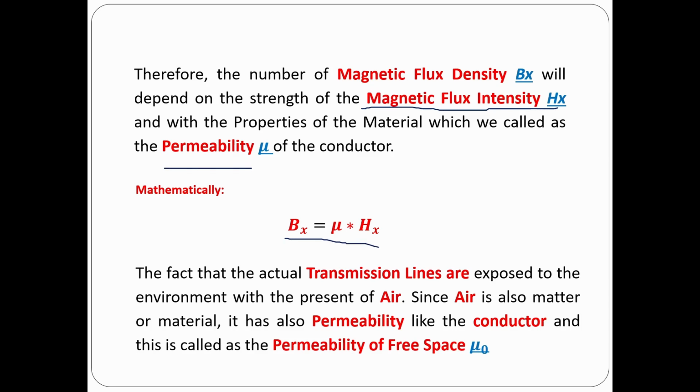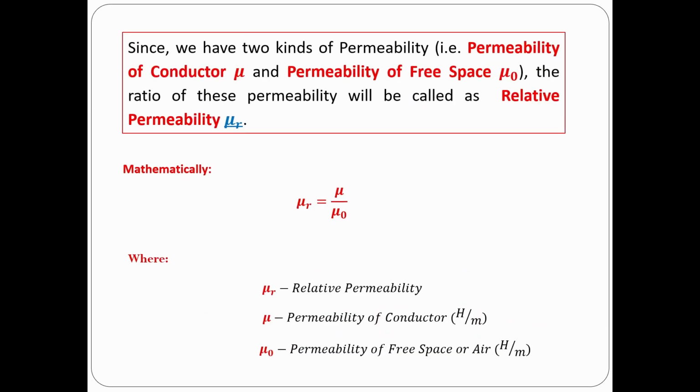The actual transmission lines are exposed to the environment with the presence of air, and since air is also a material, it also has permeability like the conductor. This is called the permeability of free space, mu naught. Since we have two kinds of permeability, the permeability of the conductor mu and the permeability of free space mu naught, the ratio of these permeabilities is called the relative permeability mu r.